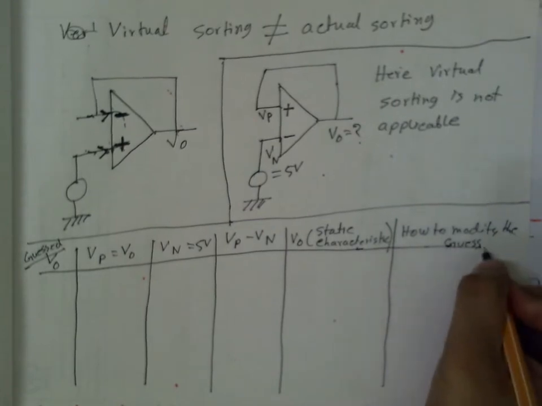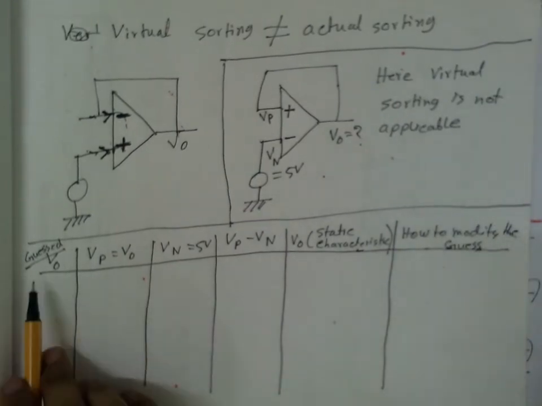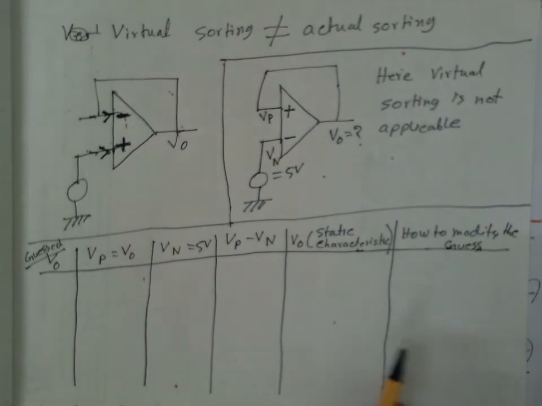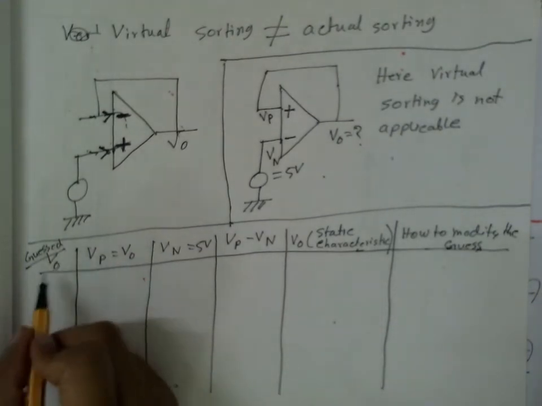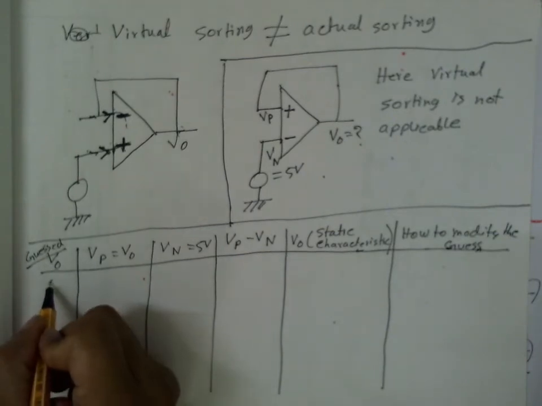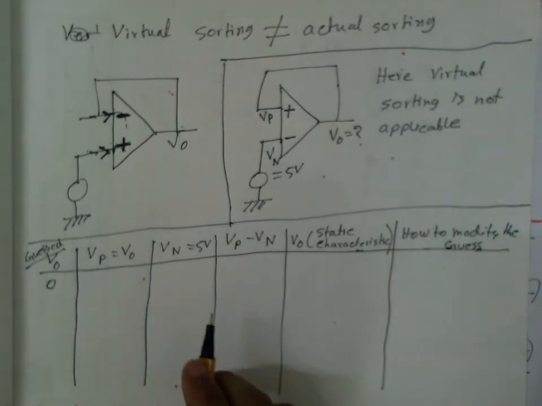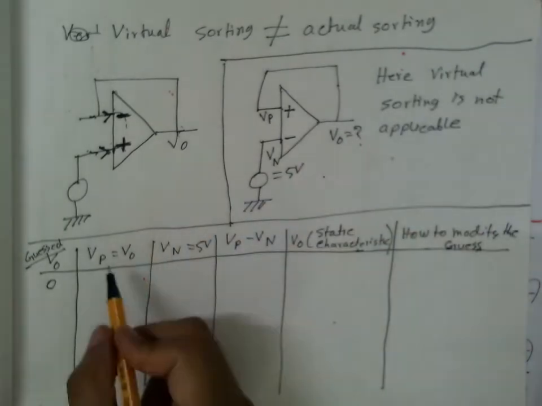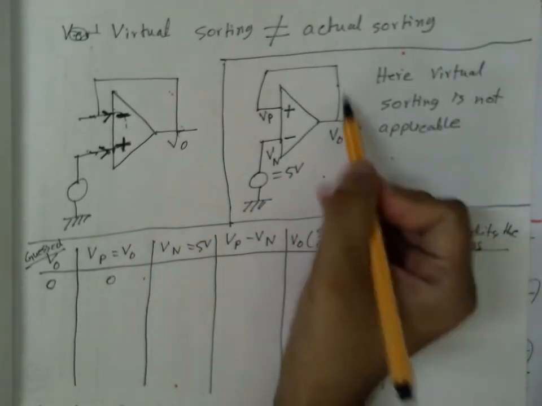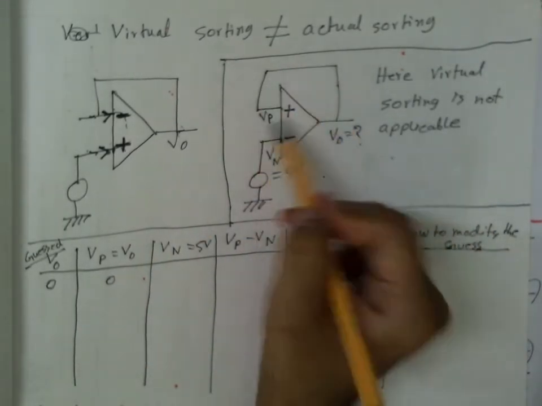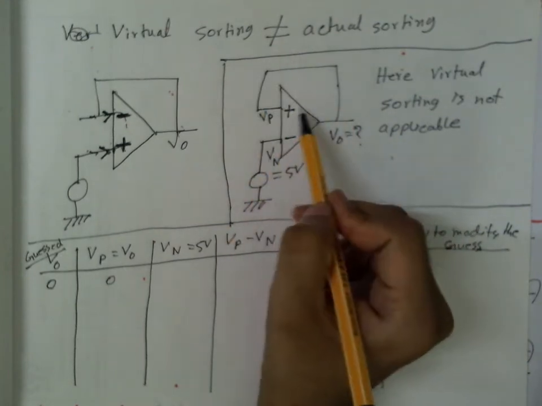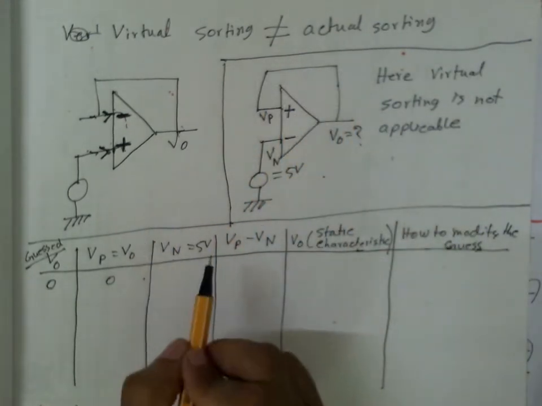Then we'll make a new guess, and we will do it iteratively until we find a solution. So let us first make a guess, something like VO equal to 0, a random guess. Now if VO equals 0, Vp is also 0; these two are directly shorted with a copper wire.